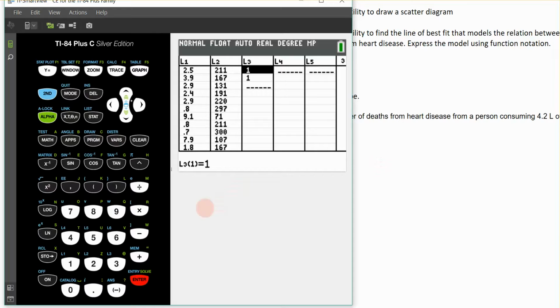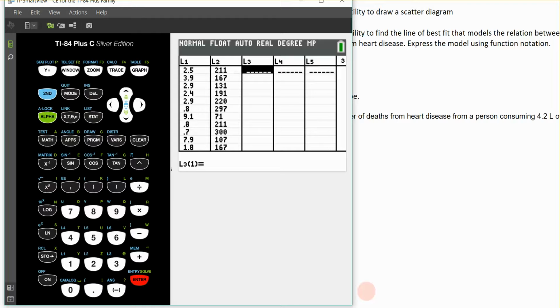So I'm over here, and I can switch back and forth from these columns by arrowing left and right, and when I push the up arrow, it brings me to the heading of that column, and I hit clear. Please don't hit delete, or you're going to delete the entire column. When I hit clear, it got rid of all of those ones below my L3.